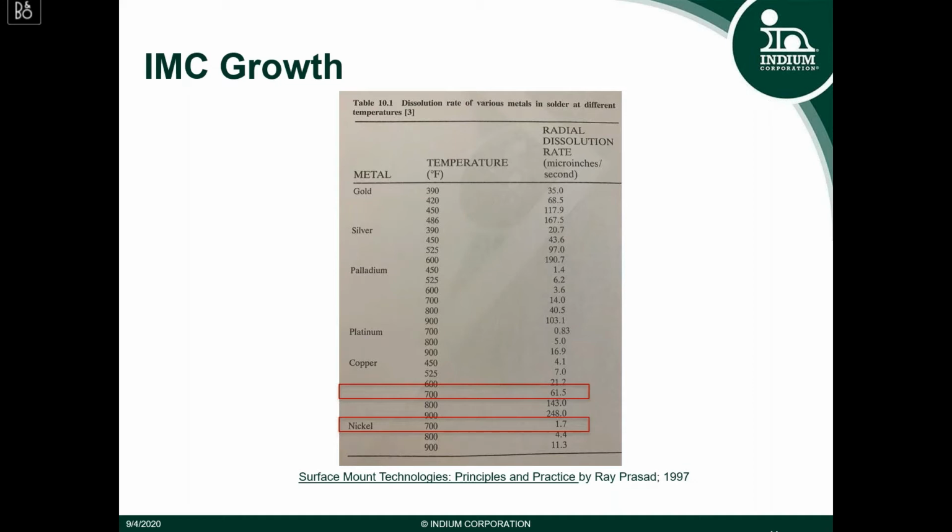At that same temperature with that same solder, nickel has a dissolution rate of 1.7 microinches per second. For this reason, you can typically see thinner intermetallic thicknesses with nickel substrates versus copper substrates.